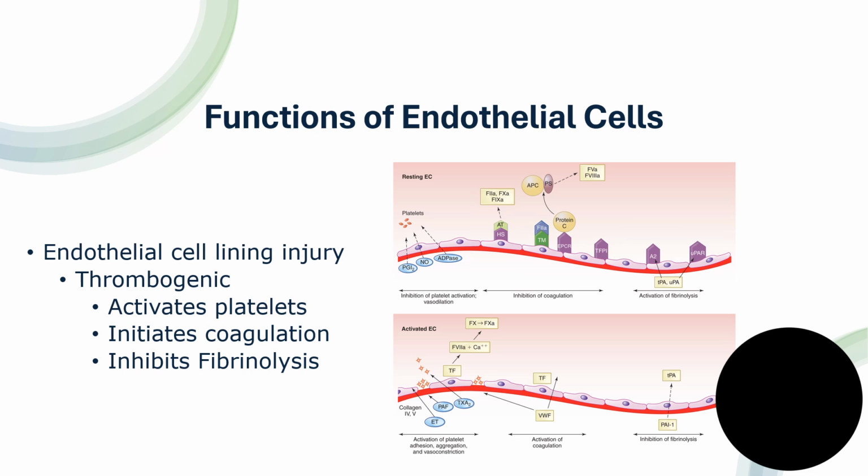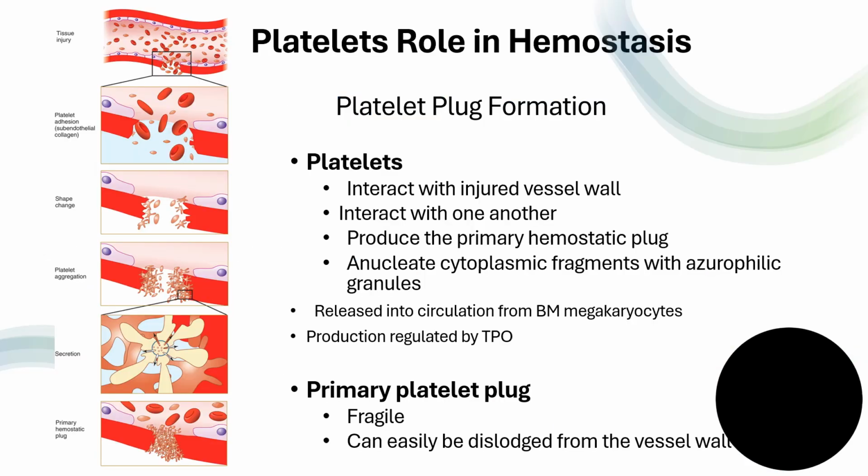The endothelial cells release endothelin, which causes vasoconstriction to reduce blood flow, in addition to nitric oxide. Tissue factor activates the coagulation cascade, converting fibrinogen to fibrin, stabilizing that clot, and then plasminogen activator inhibitor is released to inhibit fibrinolysis, ensuring clot stability during tissue repair.